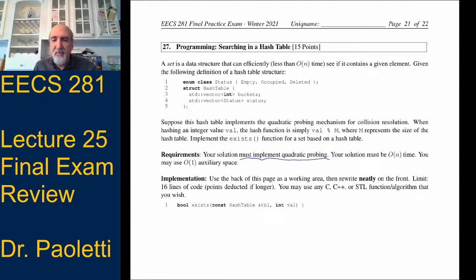The thing that we did here was, rather than giving you a class and saying you are writing a member function, we just gave you a struct, basically. The hash table is in a structure, and you have to implement exists as a standalone function.